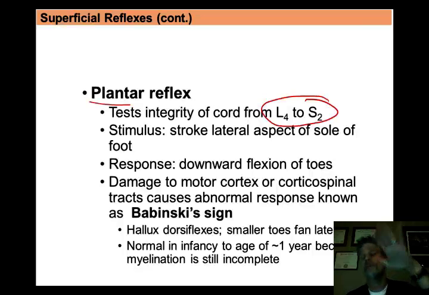If you get the opposite response, that can show damage to that pathway or to the corticospinal tracts that control that pathway. But the other interesting response that you can see is called the Babinski's sign. In adults, that would indicate that there's some sort of issue, but in kids younger than a year, these neural pathways are just establishing, and the neurons are actually finishing up being myelinated.